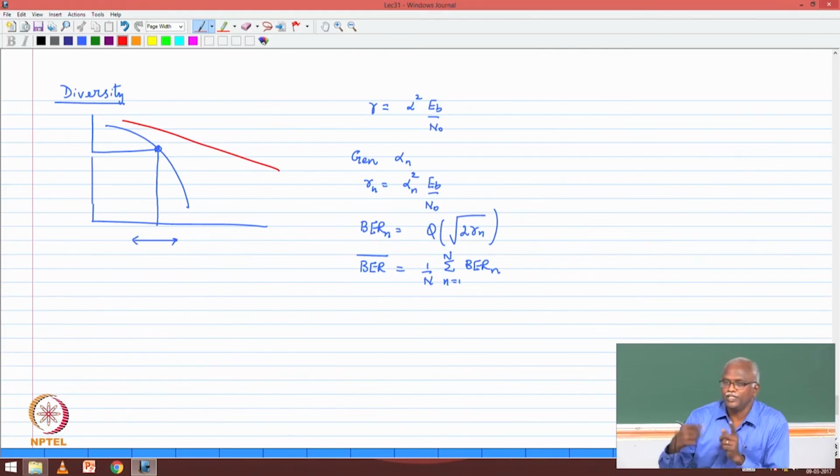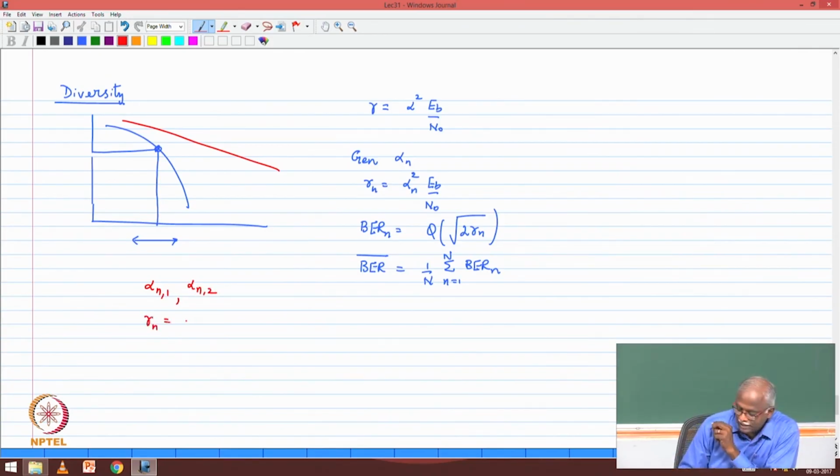Now I want you to try the following experiment. For each of those trials, instead of generating one random variable, I want you to generate 2 independent random variables, alpha n comma 1 and alpha n comma 2, and the SNR is going to be the maximum of alpha n,1 squared Eb by N naught and alpha n,2 squared Eb by N naught.